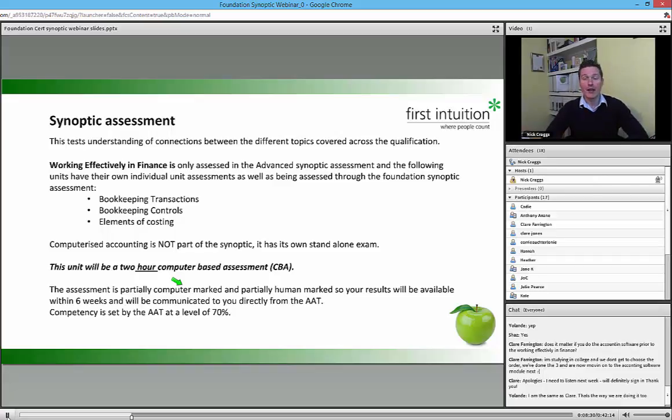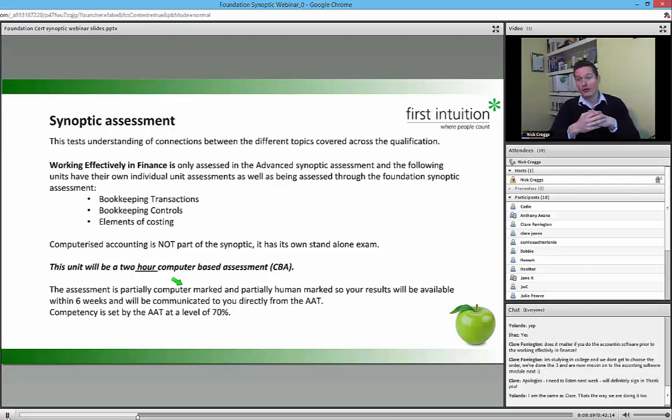Now, the key difference is when you sit bookkeeping transactions, the exam invigilator will come through and say, "Well done, you have passed. Here's your results," straight away. Same with bookkeeping controls and elements of costing. In the synoptic exam, there are human marked elements, which, much like the written questions at level 4, have to be marked by a human, which means there is a 6-week wait for them to get it marked and returned to you.